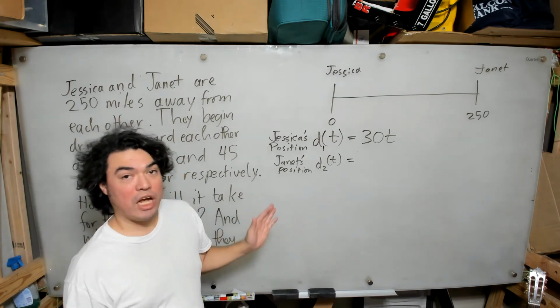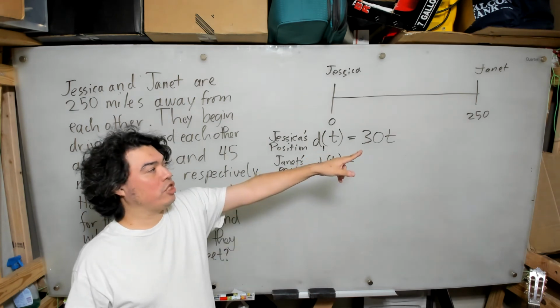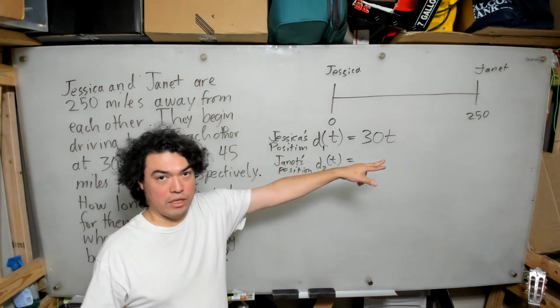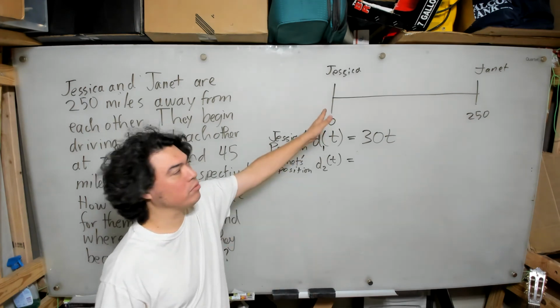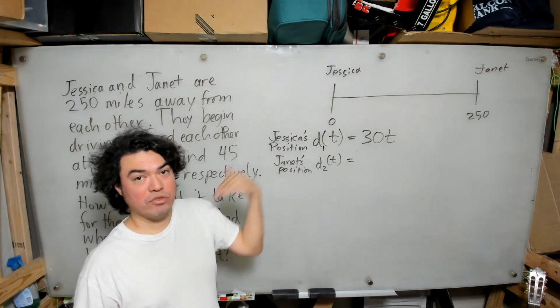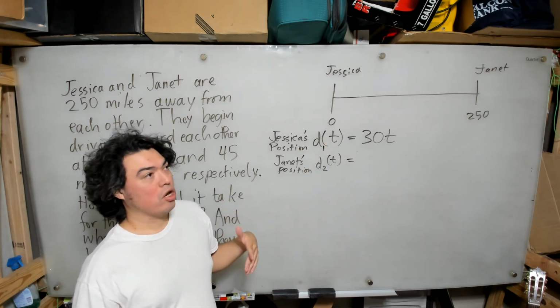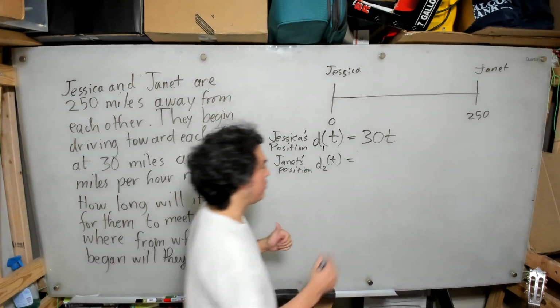Now, in the case of Janet, Janet's going to be driving towards Jessica. So Janet is starting at 250 miles from the starting location, from the 0, in terms of Jessica's position. Since she's coming this way, her location is going to be 250 minus 45T.